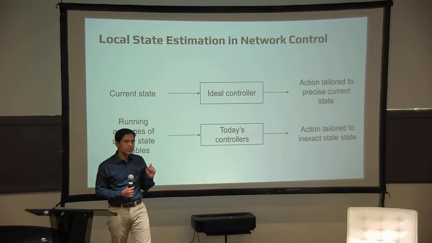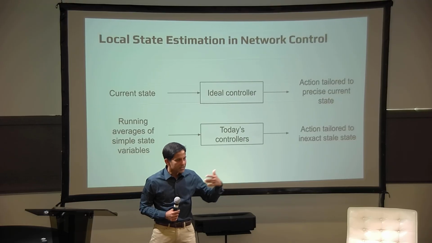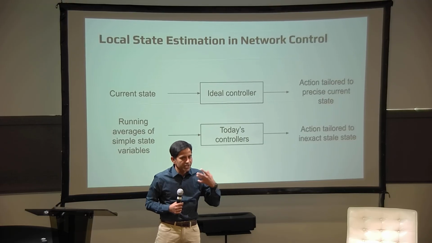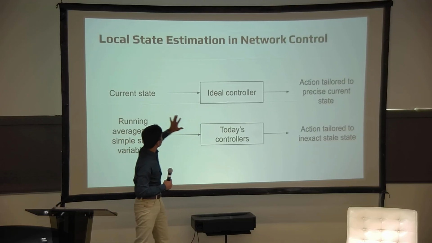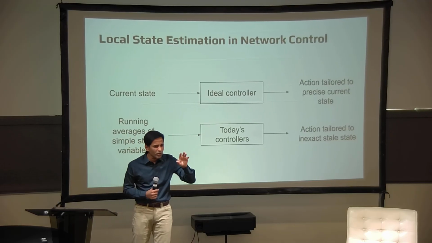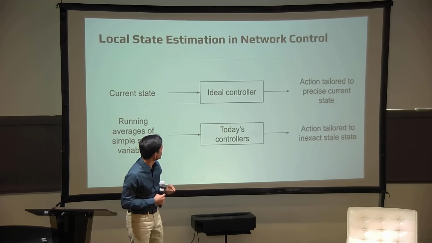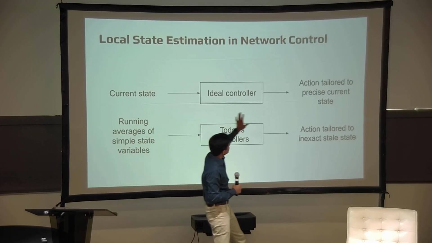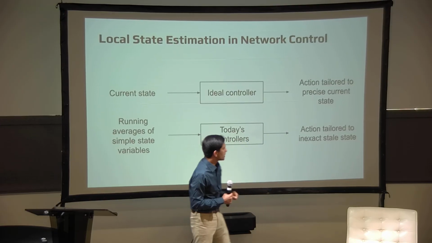The way these controllers work is that they look at state. They look at, okay, what did I observe in serving you in the past, and then use that information to decide what to do next. An ideal controller needs to have a clear idea of what's going on at my client to decide how to send to him, right? And given that information, you can take an action that is tailored to the precise current state.